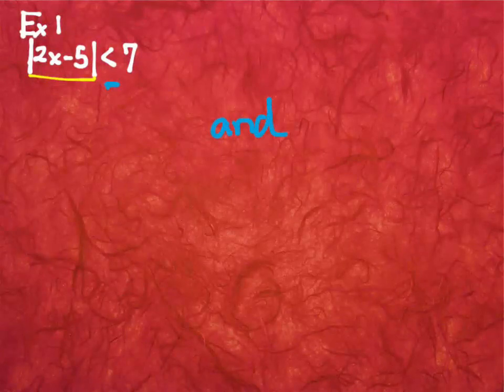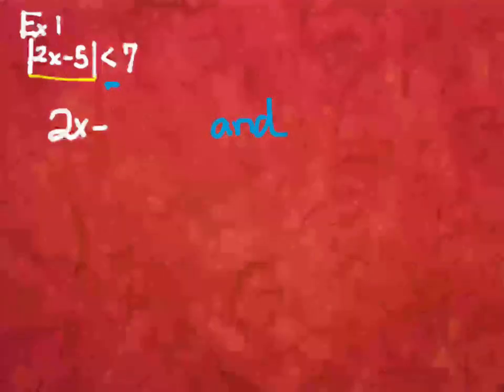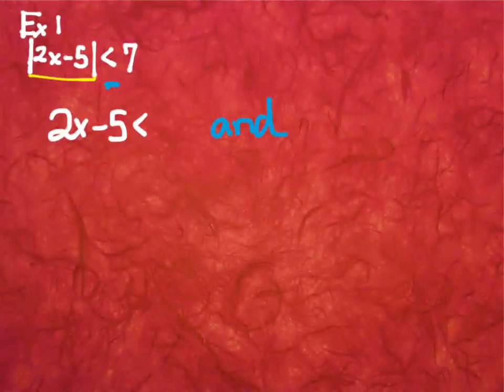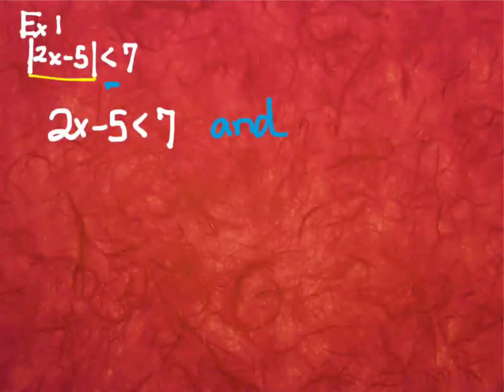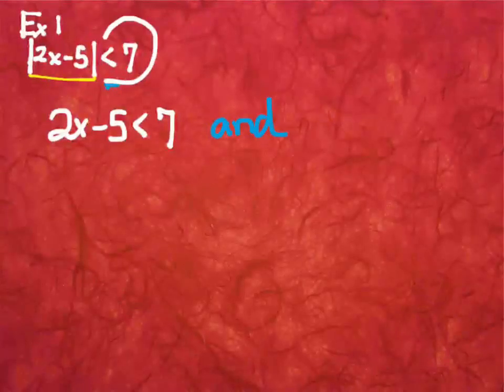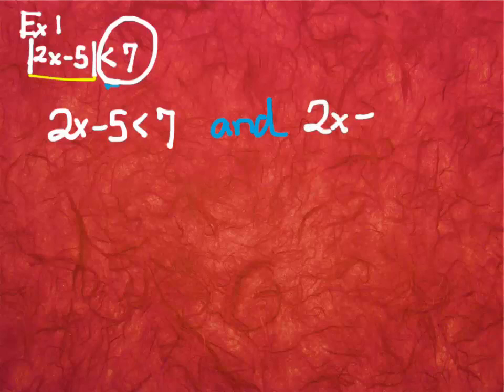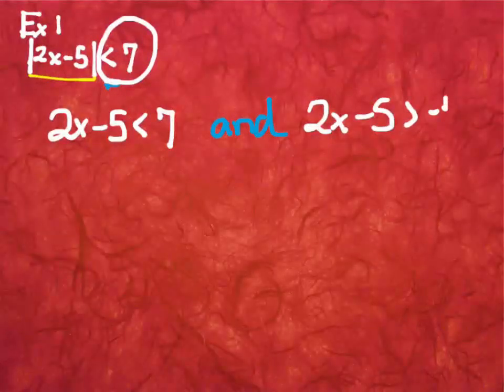Just like the last time, we have 2x minus 5 is less than 7. But the other thing that's going to cause changes is that this entire side from the less than on is going to flip on the other side. So we have 2x minus 5 is greater than negative 7.